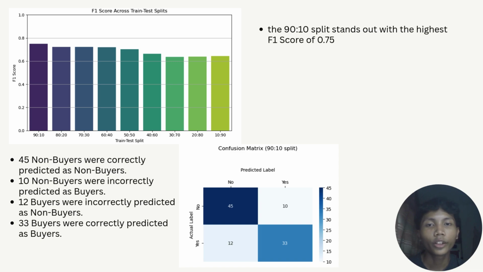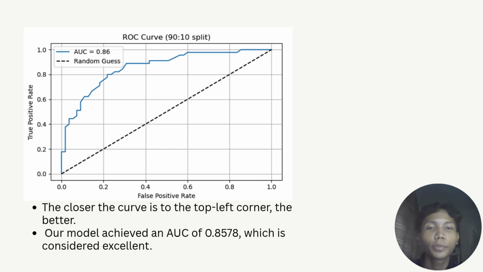So we can tell that this model detects most actual buyers. For the last part of the performance evaluation, we move to the ROC curve for the 90:10 split.